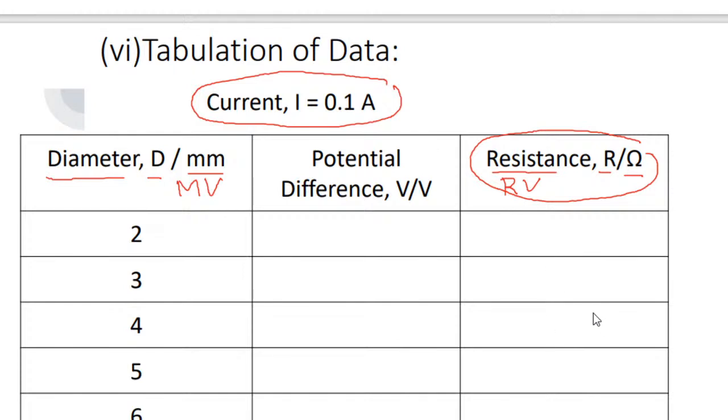If you did not mention about that current in data, then how are you going to calculate your resistance? You need to mention about current in your procedure, then only you can calculate your resistance, because resistance equals potential difference over current.